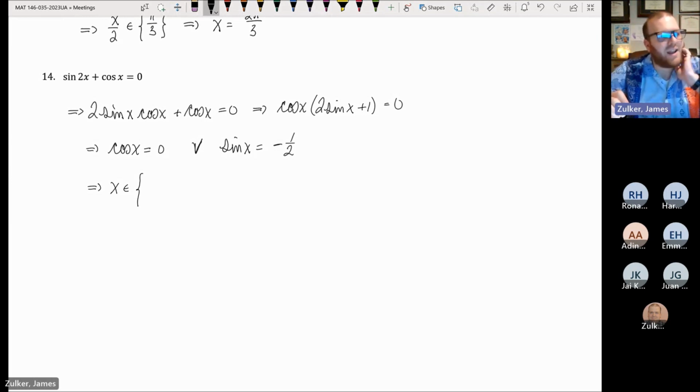Well, cosine is 0, right, at pi over 2 and 3 pi over 2.